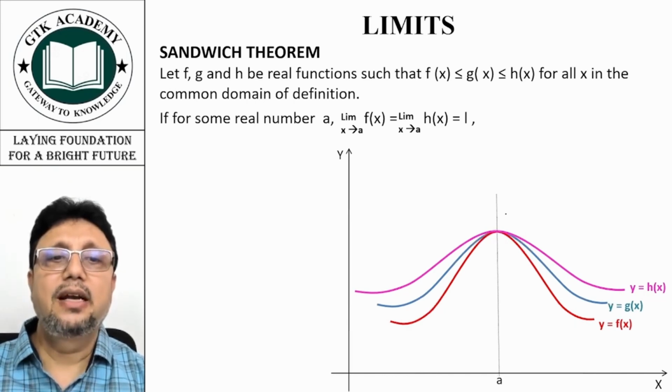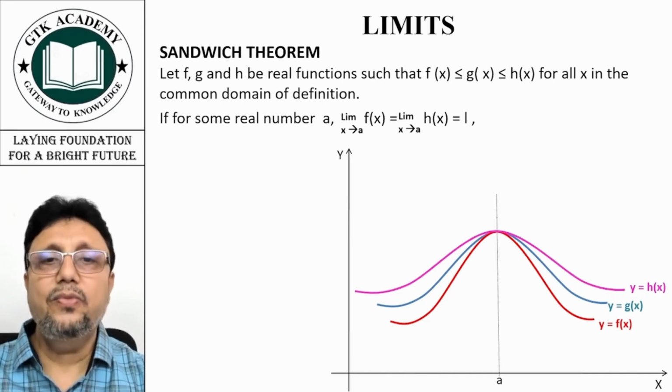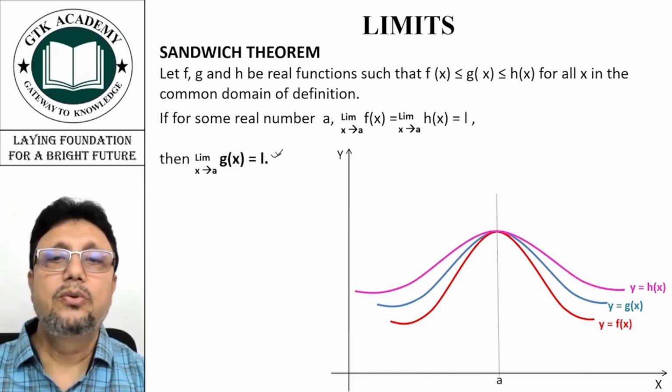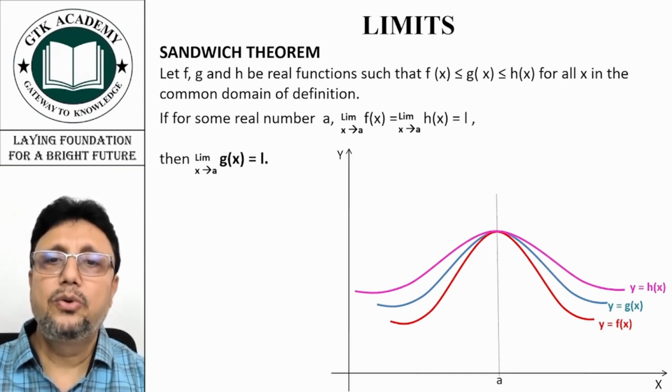It means that now g(x) is perfectly sandwiched between h(x) and f(x). Then the limit of g(x) is also equal to L. This is pretty simple, and I hope that whatever I have explained is clear to you.